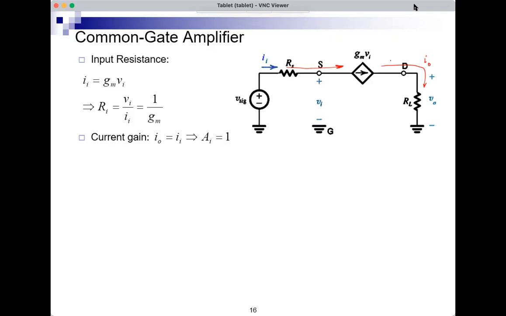We can easily find the voltage gain, actually, because Vo, the output, is RL Ii, and Vi is Ri Ii. So Vo over Vi would be RL over Ri, and that's gm RL.